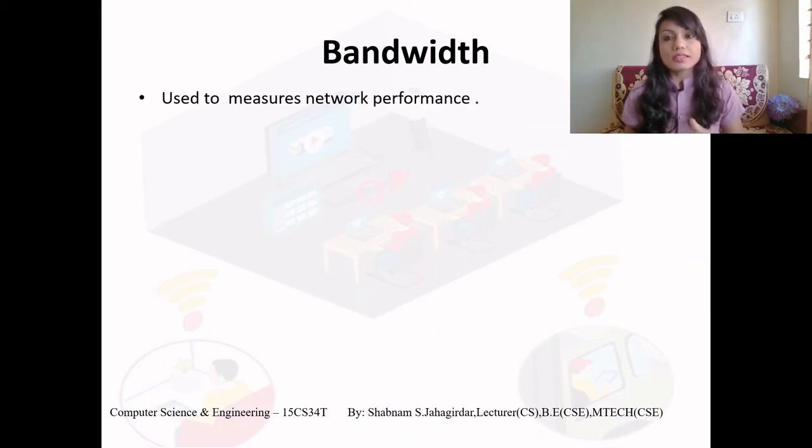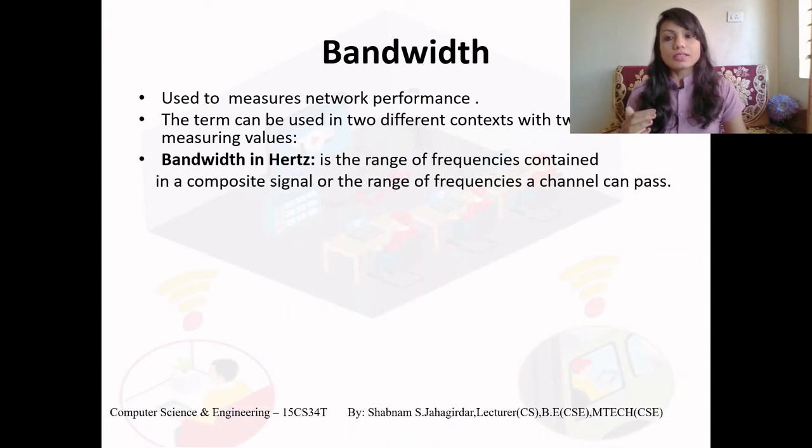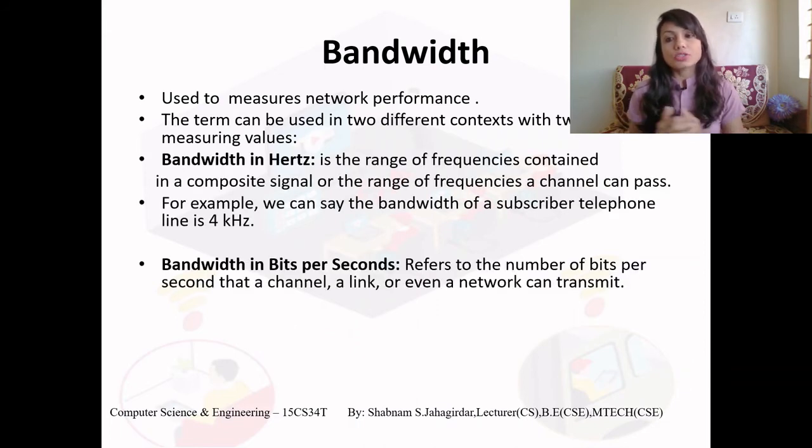This is used to measure the network performance, and the unit depends on what type of signal you have. If you have an analog signal, it is measured in hertz. Otherwise, it is measured in bits per second.